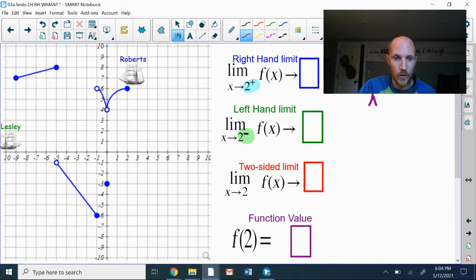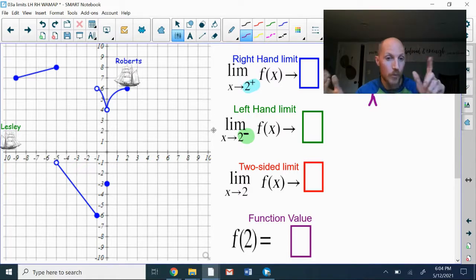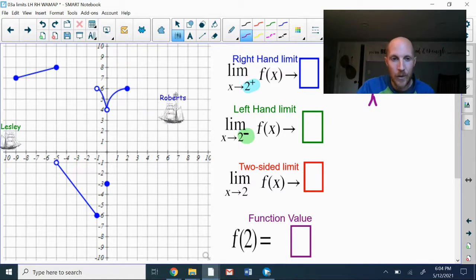So we could sit right on the x value of 2, but there is no way for the Dread Pirate Roberts to approach 2. He just would be at 2, right? And that's not what limit notation is about. It's not like where are you when you're at 2. It's what are you sailing towards? What are you approaching? Roberts has nothing to approach on. There is no right side of the graph, right?